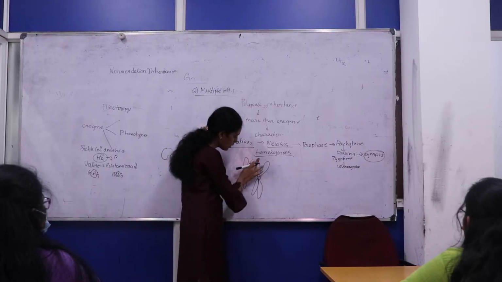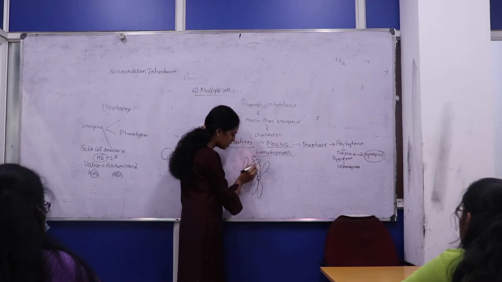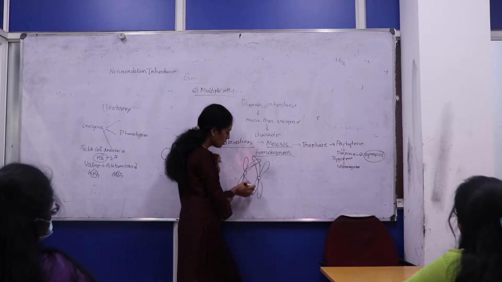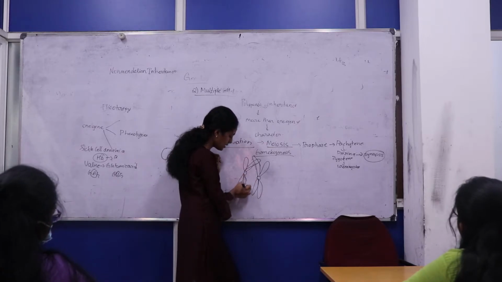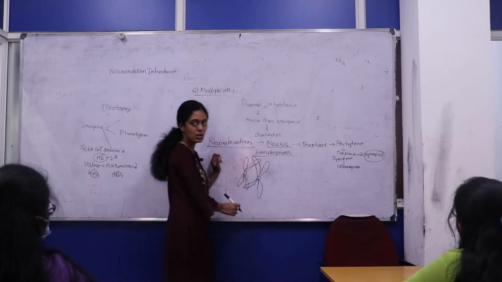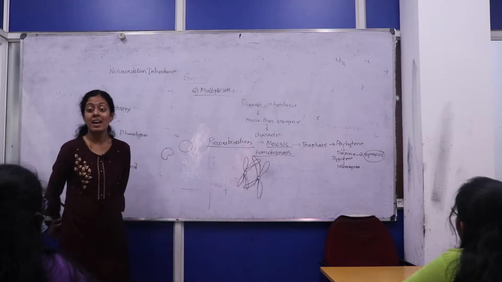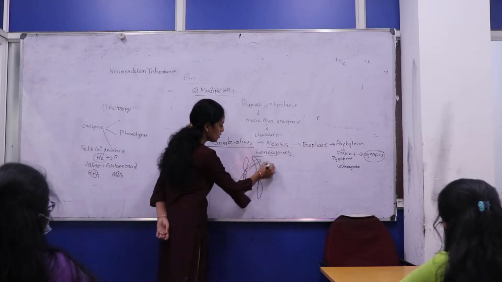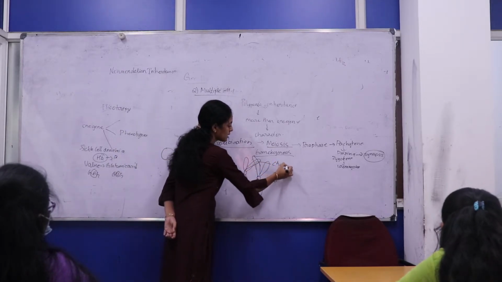So, what is crossing over? Exchange of genetic material like this. Okay. Fine. So, the point of crossing over is called, who will tell me? What is the point of crossing over called? Very good, chiasma. Okay, this point of crossing over is called chiasma.